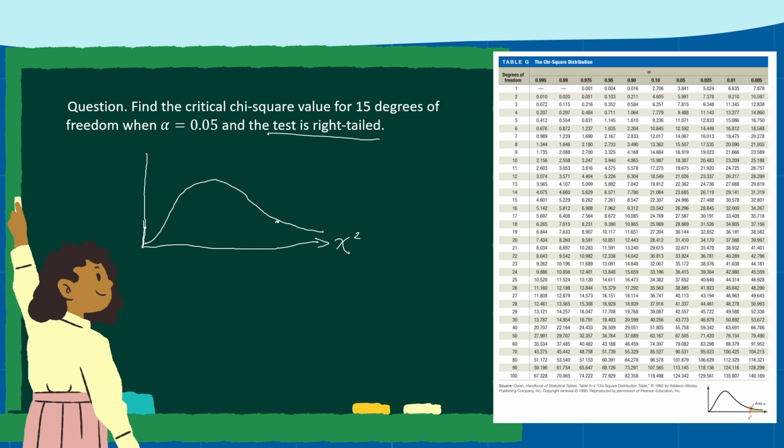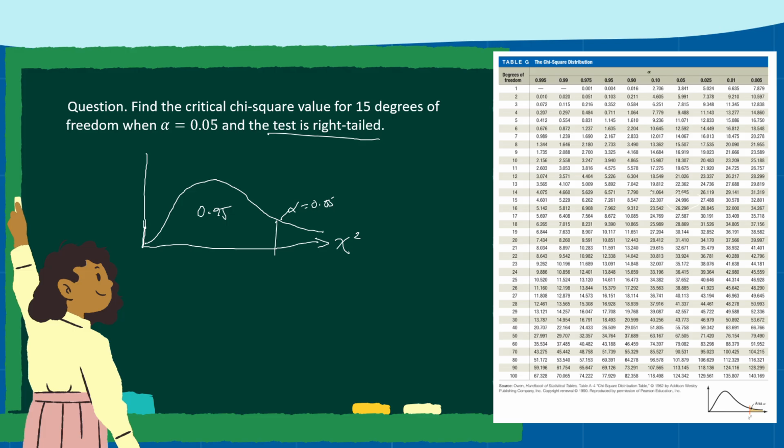And if this is 0, our alpha is 0.05 here at the point. Therefore, this is 0.95. So we need to find the critical value. Using table G to find the critical value, just look at the alpha 0.05 and the degrees of freedom, which is 15.